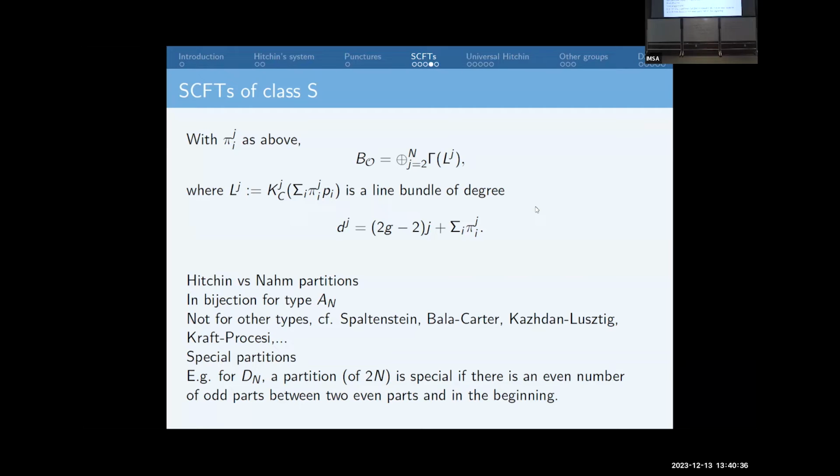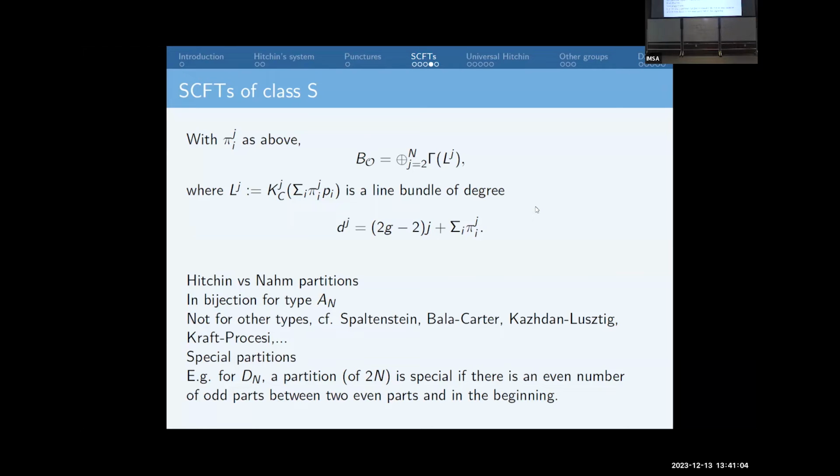Can you say what is the nilpotent partition and the Hitchin partition? I didn't catch that. Yeah. So I'm going to be a little vague with that at the time. In the case of SLN, the Hitchin partition gives you the sizes of the Jordan blocks, while the nilpotent partition gives you the dimensions of the cyclic module.